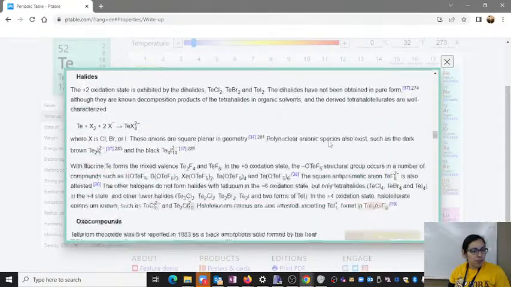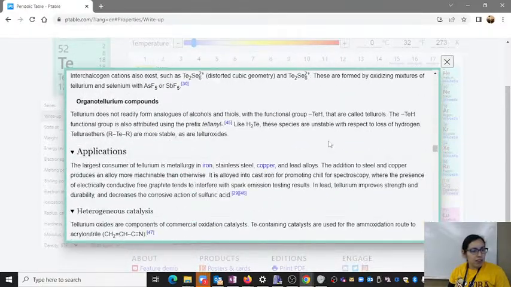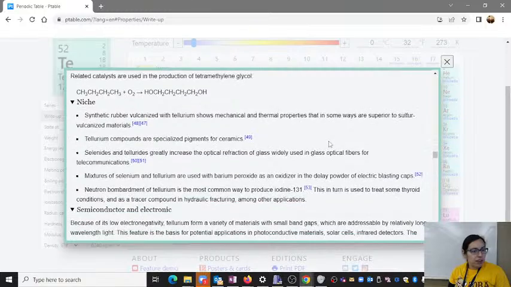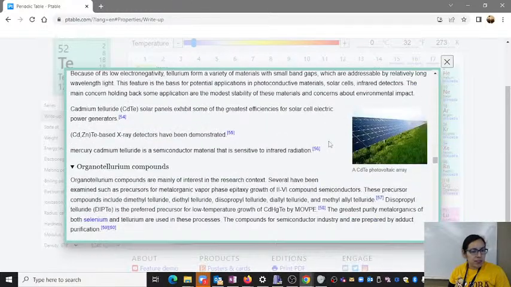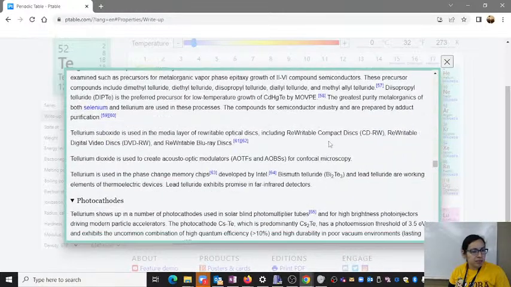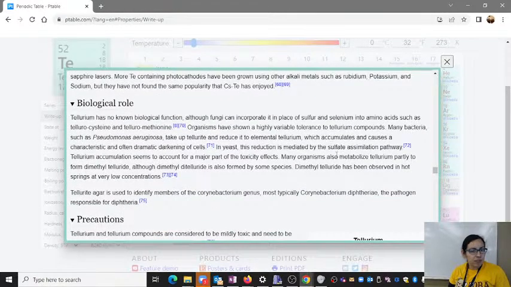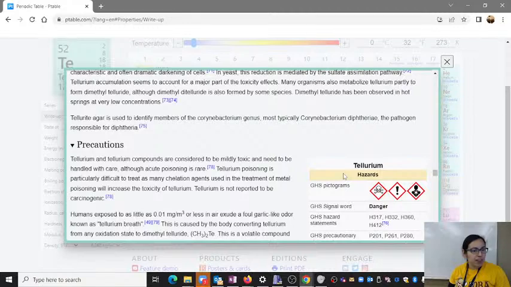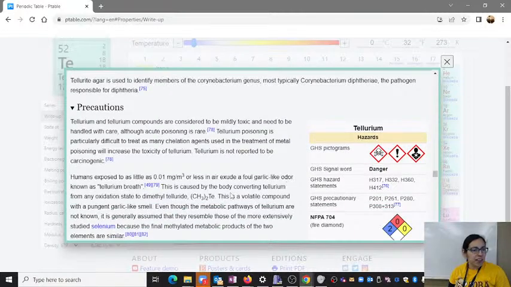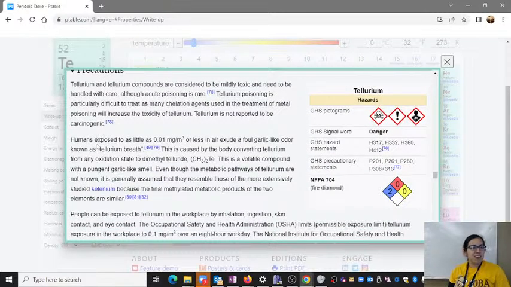I thought there was something mentioned about the smelliness on Wikipedia. Probably biological. Yeah, I couldn't find it. Here we go. If you're exposed to a small amount, apparently you get tellurium breath, which smells like garlic.